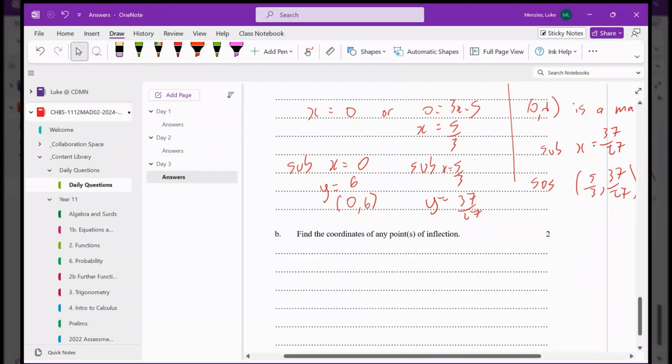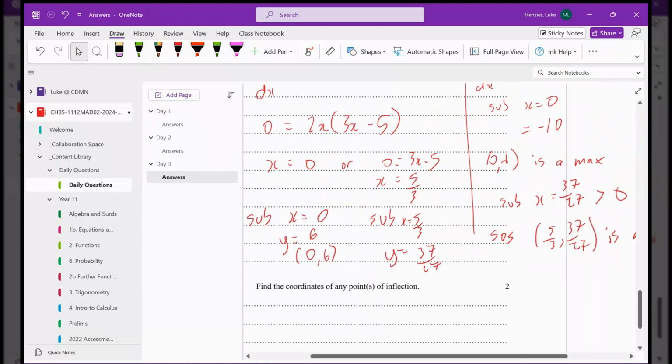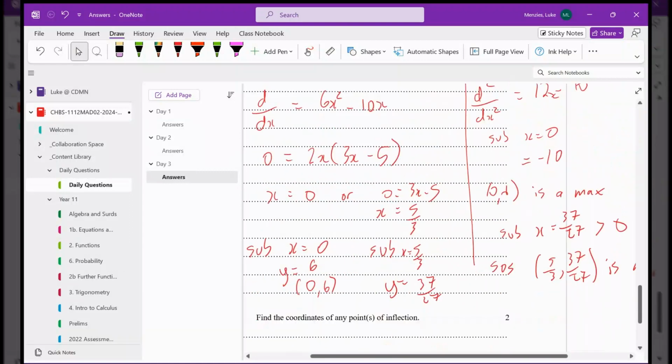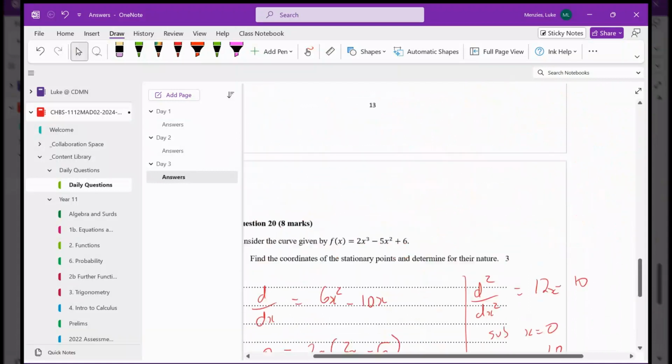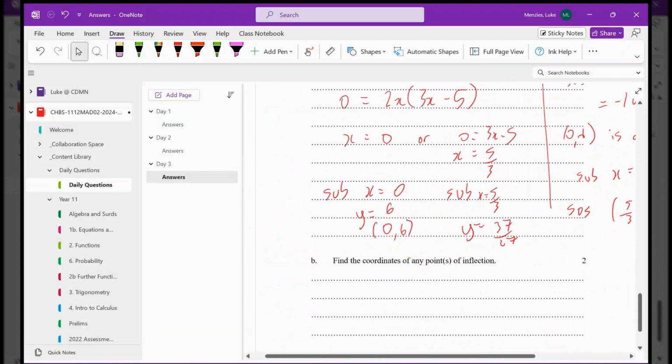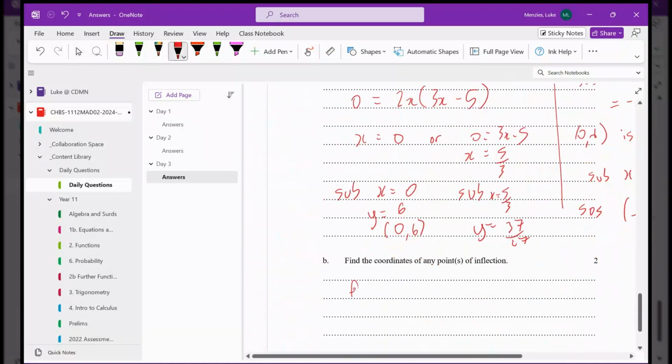All right, so finding points of inflection, what do we need to do? We need to set the second derivative to 0, and then we need to check either side of that. We got the second derivative from the last one. We said d squared y on dx squared, but if you don't like that notation, you can just write f double dash of x is equal to 12x minus 10.